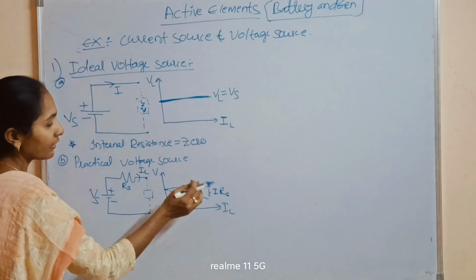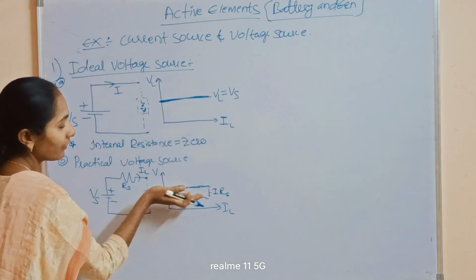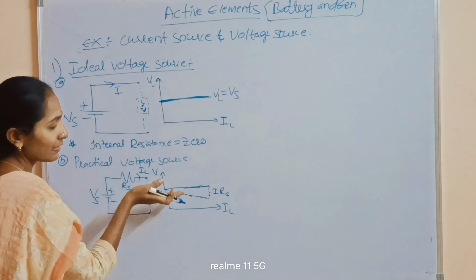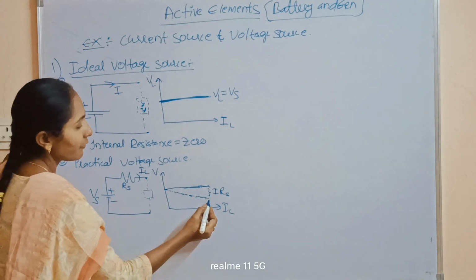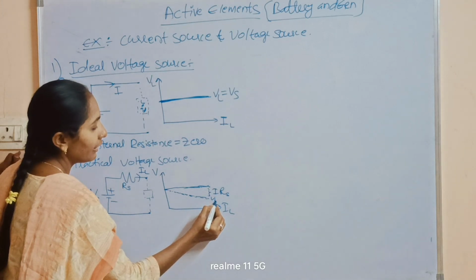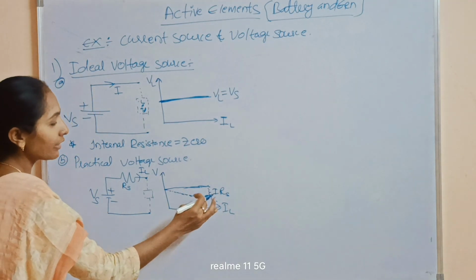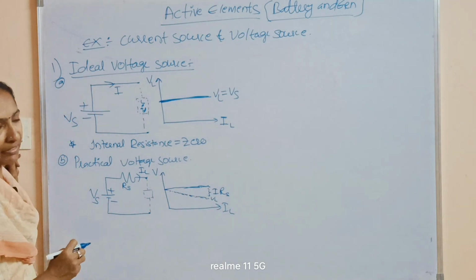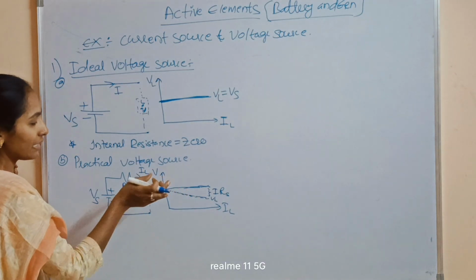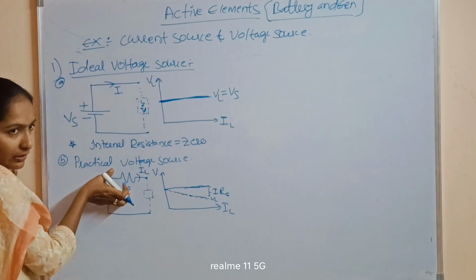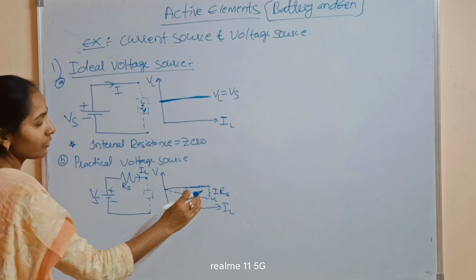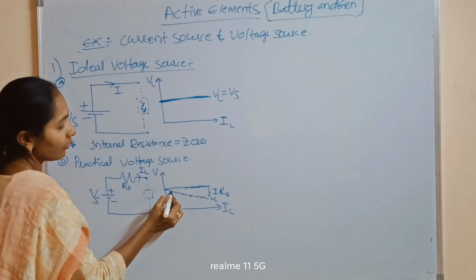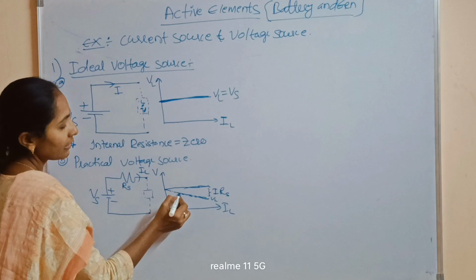That's why the line is somewhat slanted, less than that of the ideal consideration. So this value indicates VL. VL is not exactly equal to VS. Why? Because some voltage drop appears across this resistance. Due to that drop, we get the final voltage across the load terminal as this one.